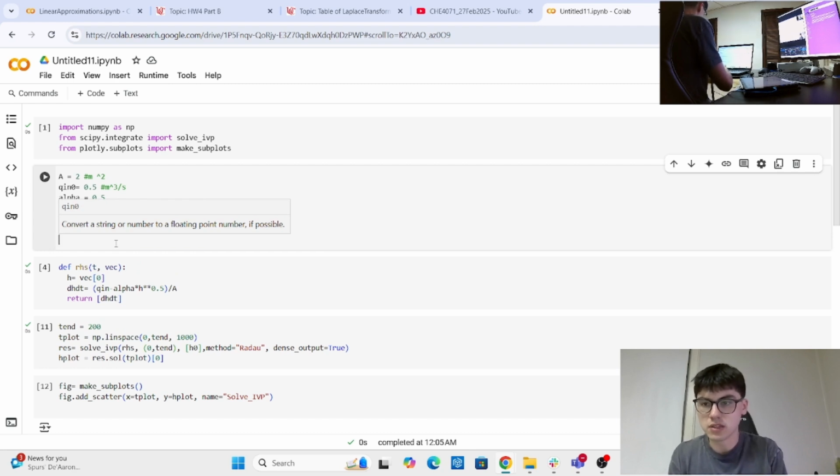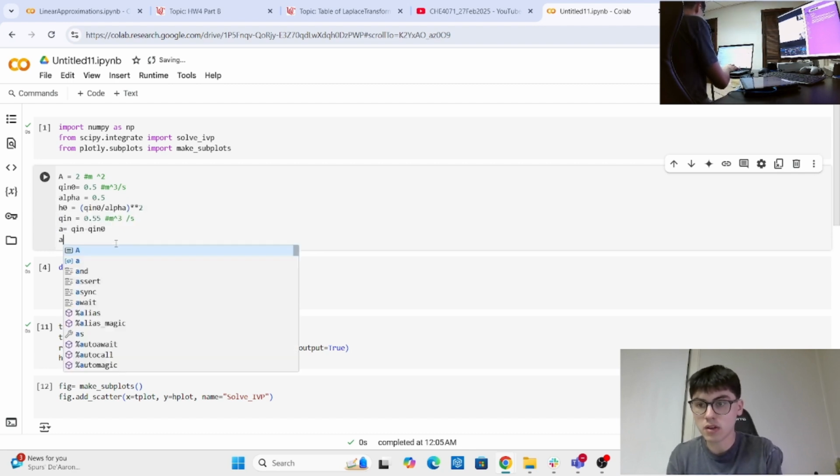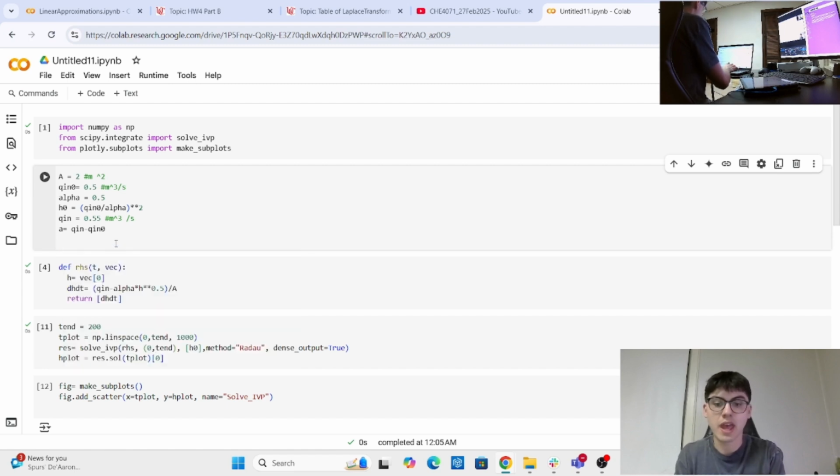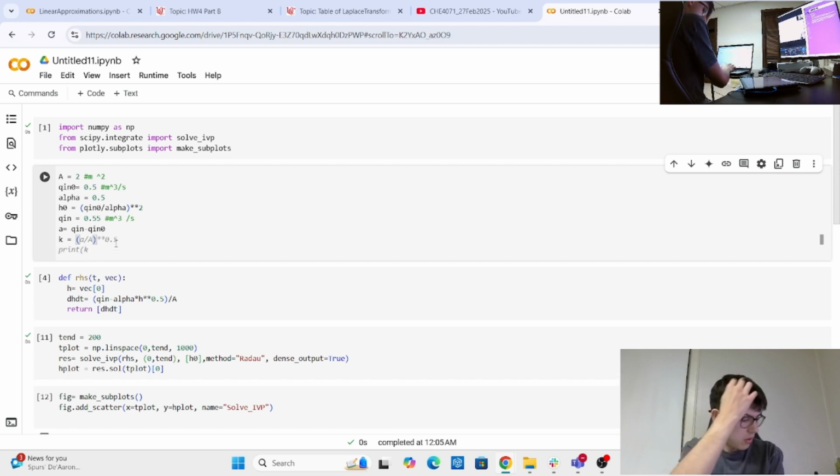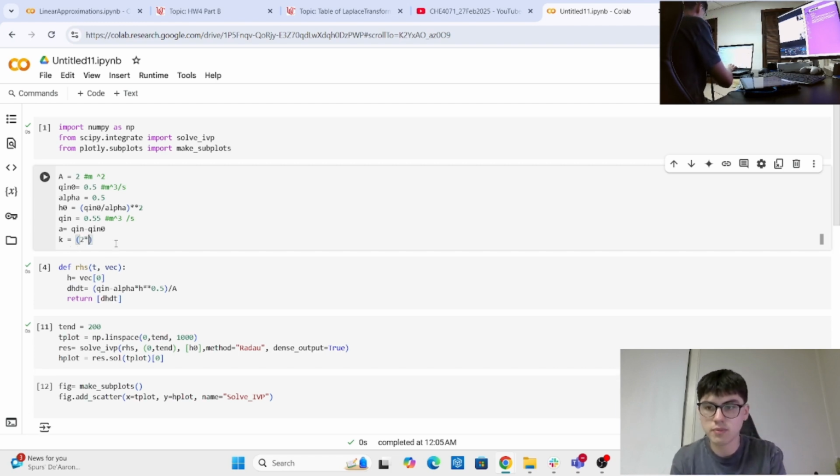And then we had a parameter k, which is equal to 2 times h naught to the power of 0.5, all divided by alpha.